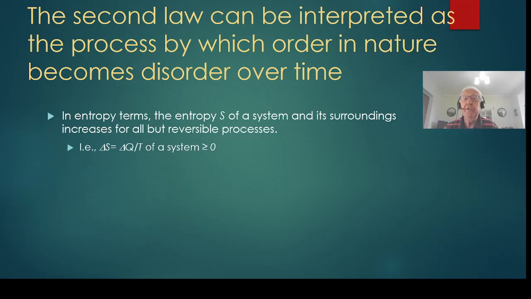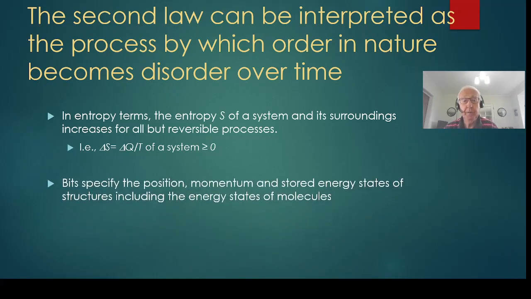The change in S is the change in heat into the system divided by the temperature, and it's always greater than or equal to 0. Bits specify the position, the momentum, and stored energy states of structures, including the energy states of molecules. And also, the program bits specify the interactions between the structures.